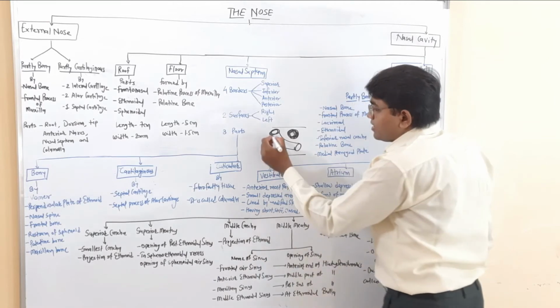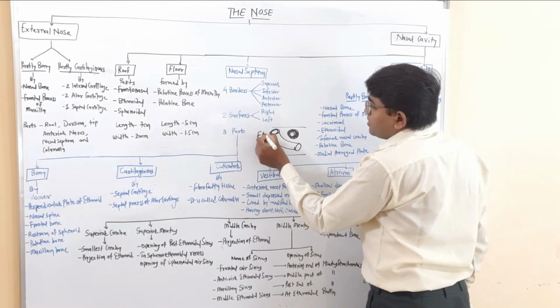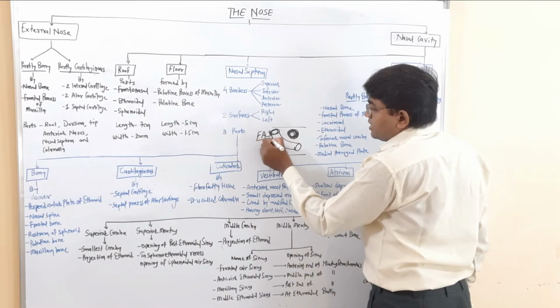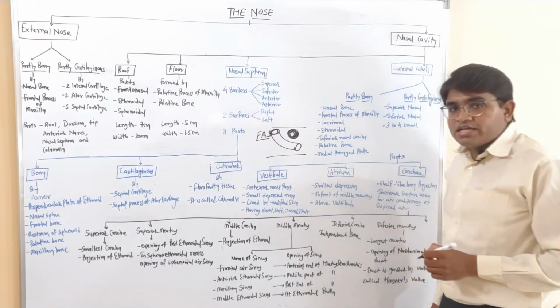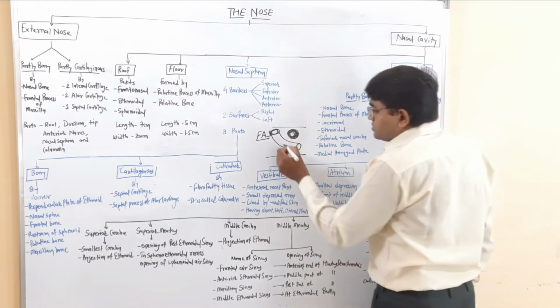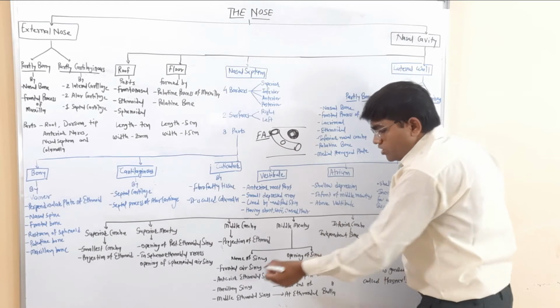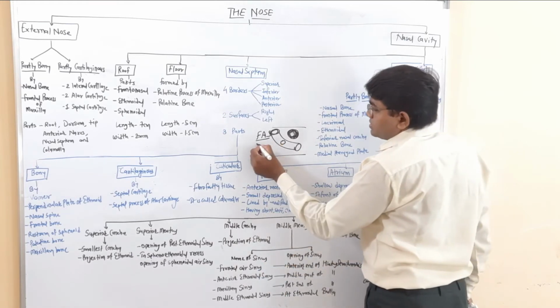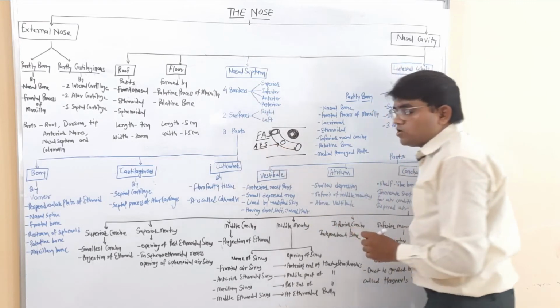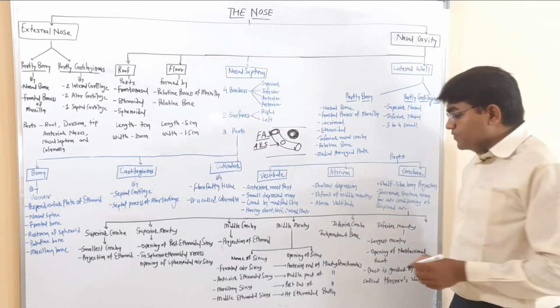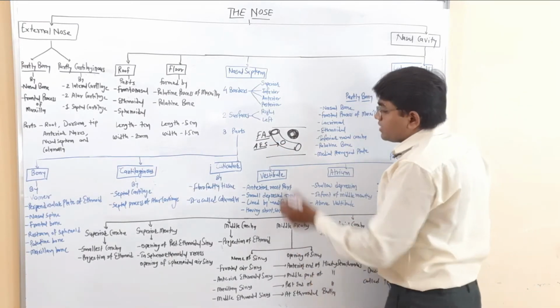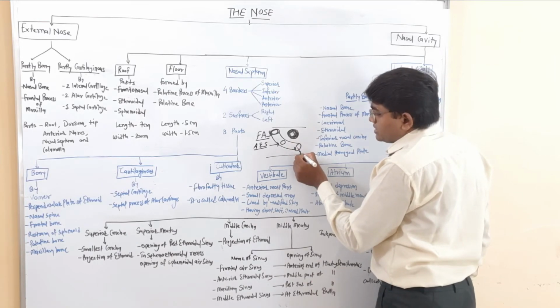Then the hiatus semilunaris, so on the anterior part of this hiatus semilunaris there is an opening of the frontal air sinus. The frontal air sinus opens into its anterior part. Then on its middle part there is an opening of the anterior ethmoidal sinus. The anterior ethmoidal sinus opens into its middle part, and at its posterior end there is an opening of the maxillary sinus.